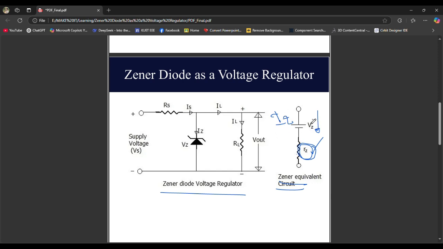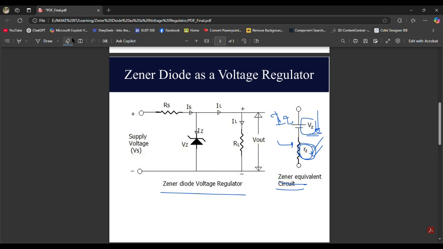The output voltage will be constant, which is Vz, but with the variation of Iz, the Rz will have a voltage drop. So there will be a little variation in the output voltage. It won't be perfectly constant. This is what I wanted to say about the equivalent circuit.